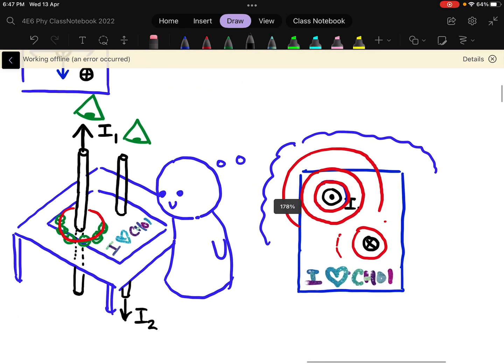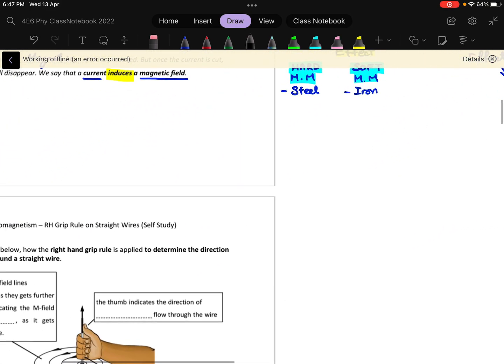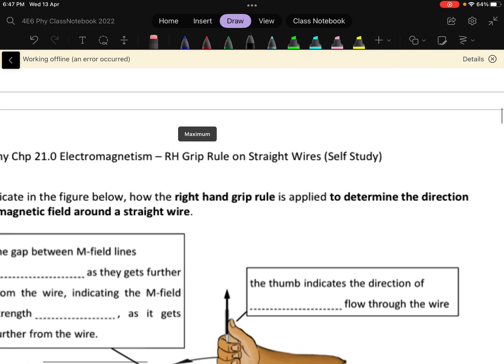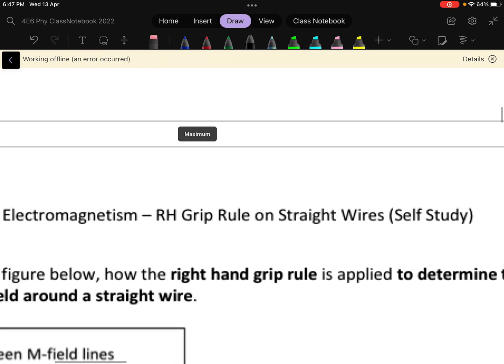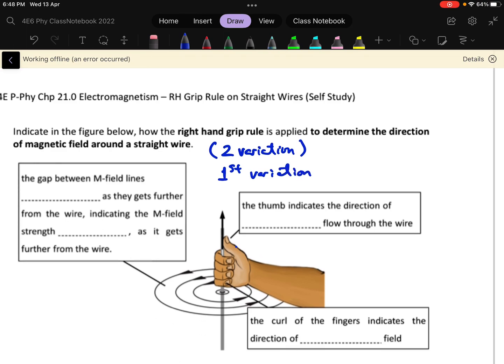Now to do that, we make use of a hand sign that will facilitate us in memorizing. It is called the right hand grip rule. Okay, right hand grip rule, I must warn you first, there are 2 variations. I am just teaching you the first variation. In the first variation of the right hand grip rule, the thumb will be indicating the direction of current flow.